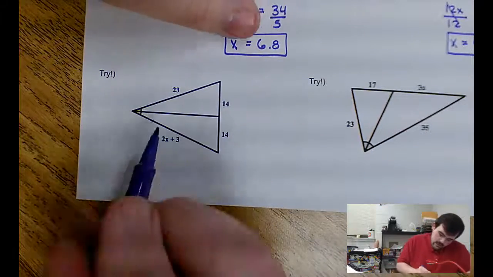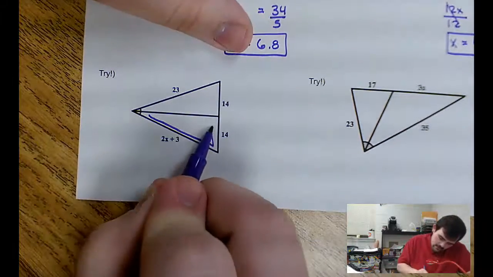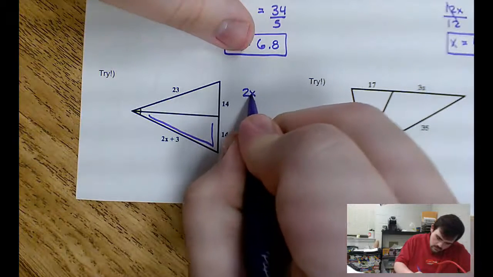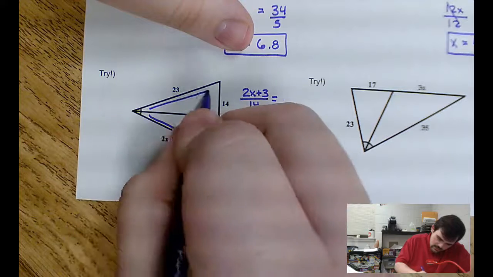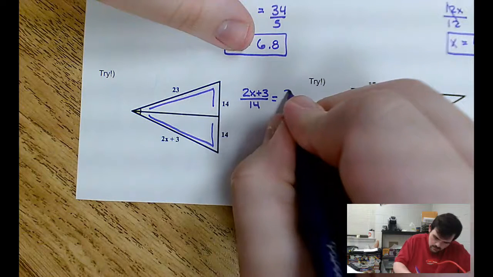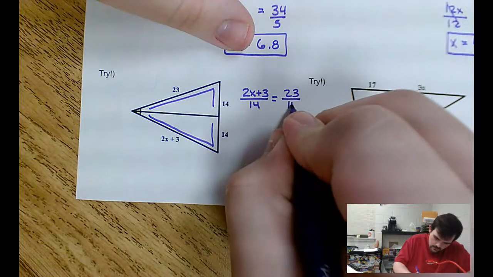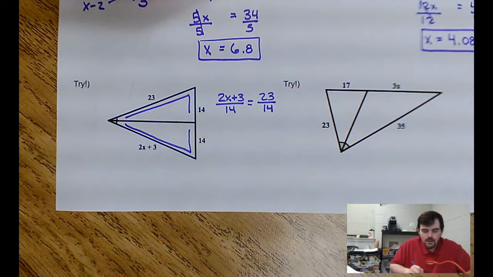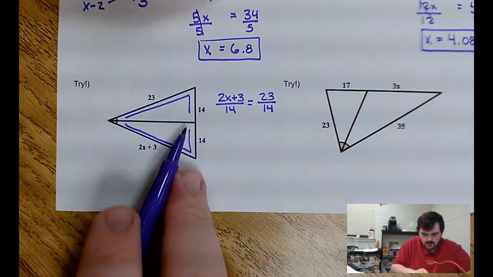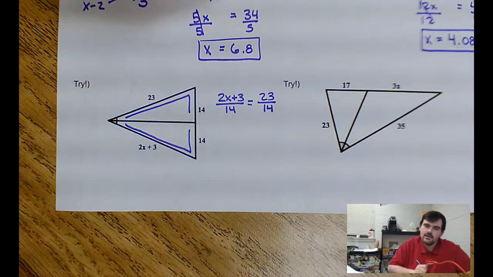Next one, 2x plus 3 over 14 equals 23 over 14. Now this one is actually surprisingly easy. Look at that bottom side there, or excuse me, look at the side that was intersected there.